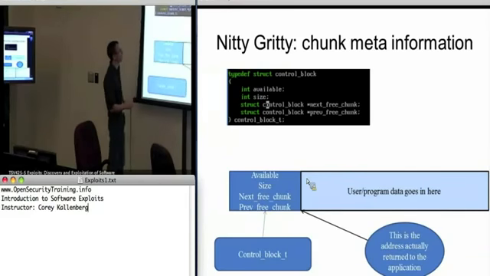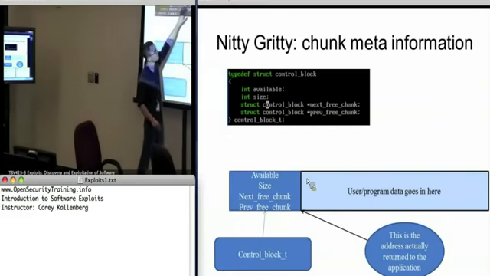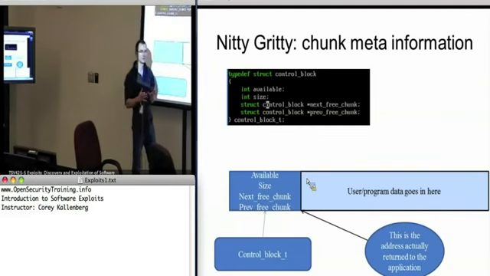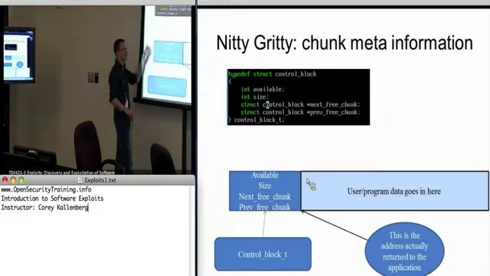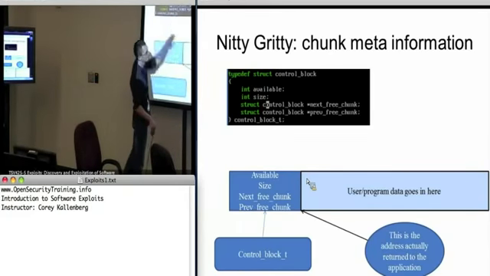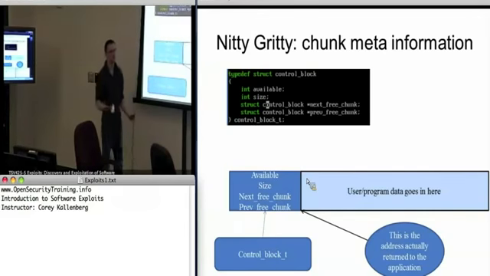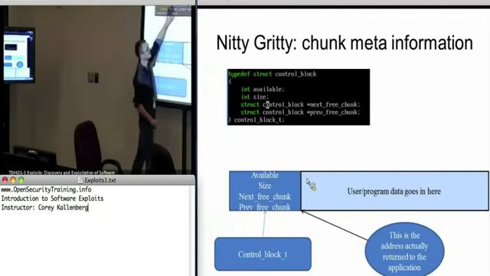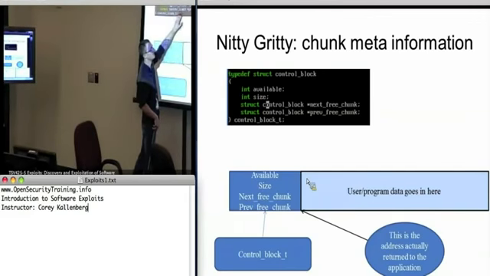One question I often get asked is, why do they store the linked list pointers in the beginning of the chunk? It's a little bit strange. You could just store this out of band, in your own linked list that's not stored in the chunk meta information. And the reason is just for size and space efficiency, because memory allocators are usually pretty smart about putting this stuff in the regions of data that are currently not being used.